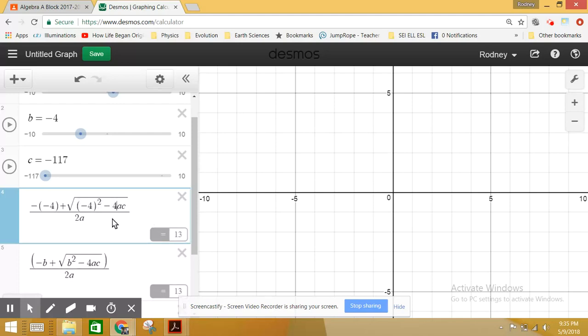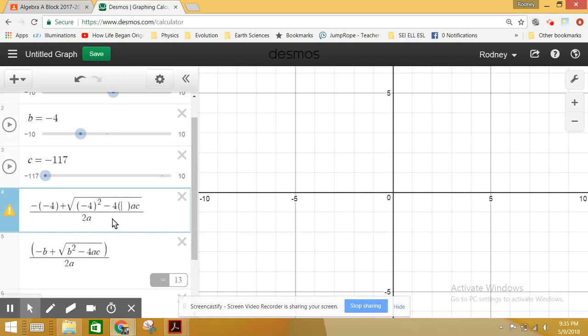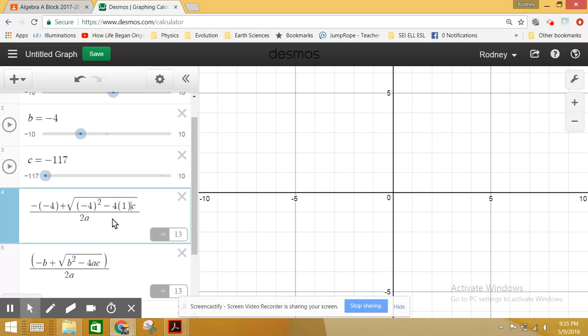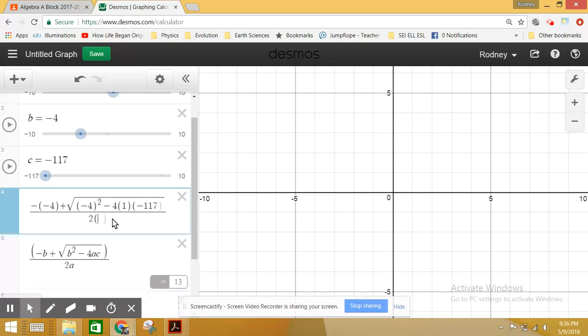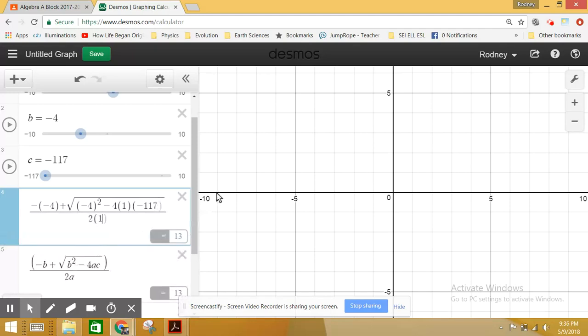And then I've got 4 times, the a is 1, and the c is negative 117. And down here, that is replaced with 1. And all that does is calculate it for you. It gives you 13. I'll just take Desmos's word for it.